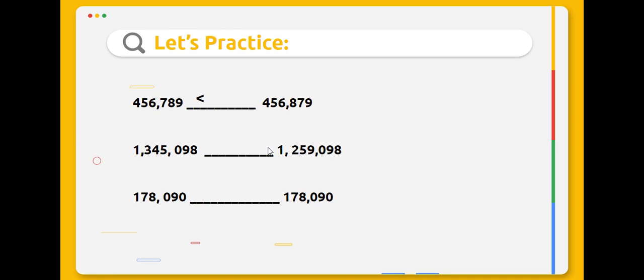Here I have 2. So this number over here on the left is greater than. Okay, let's look at this next one. I have 178,090. Over here, I have 178,090. They're exactly the same number, so they're equal to.